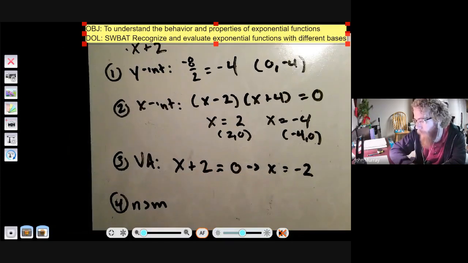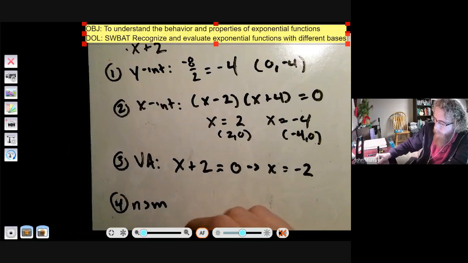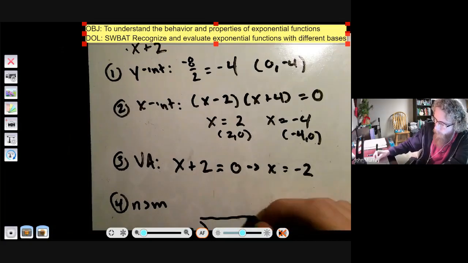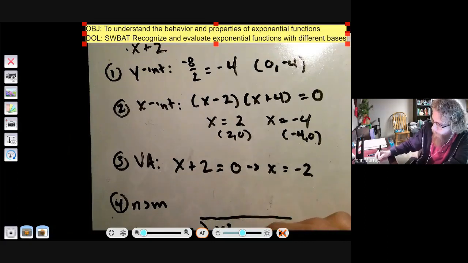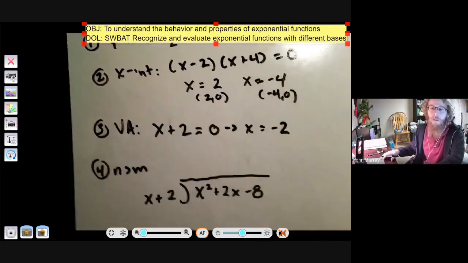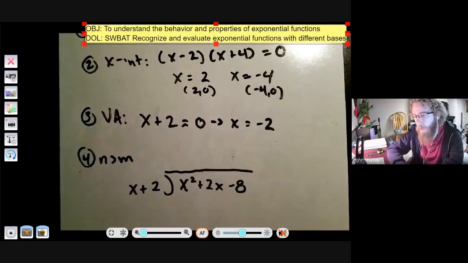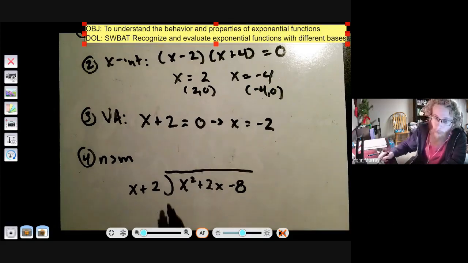So we have to set up our long division. We have x plus 2 divided into x squared plus 2x minus 8.